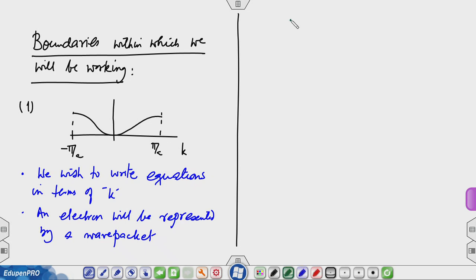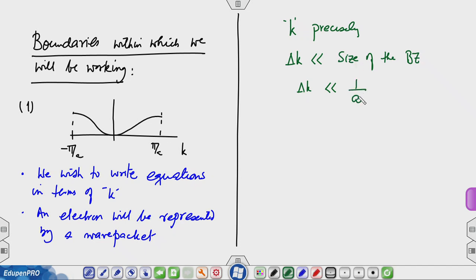If I want to write k precisely and still have a wave packet, delta k should be much less than the size of the Brillouin zone. Otherwise, I will not be able to define k properly. So, we can say that delta k must be much less than the size of the Brillouin zone, that is roughly 1 over a. That is condition 1.